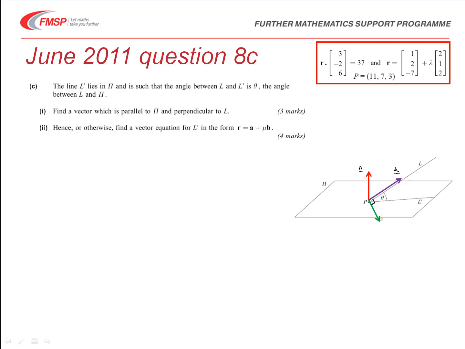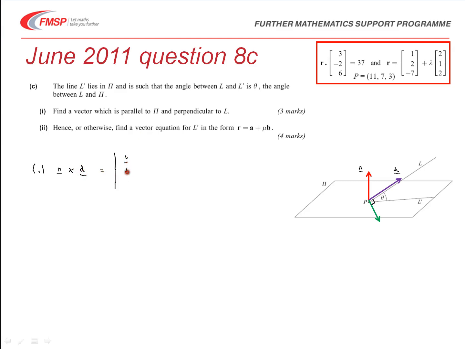To find that vector, perpendicular to these other two, we can do the cross product or vector product. So for part 1, to find the vector we require, we need to work out N crossed with D. We're going to do the cross product, and I think we'll set that up using i, j's and k's in this particular case.